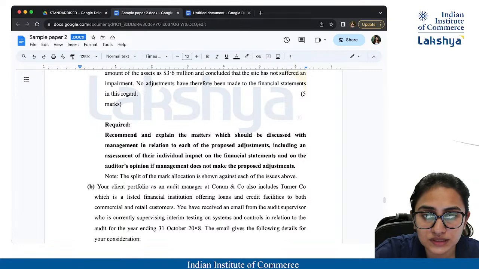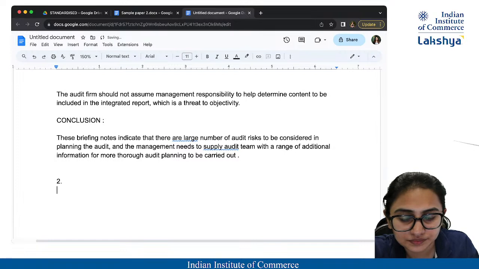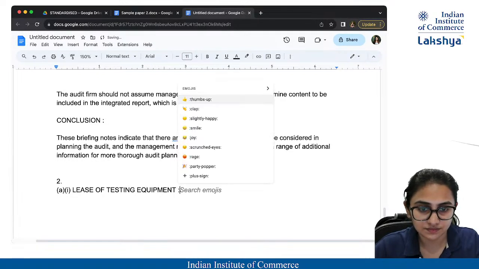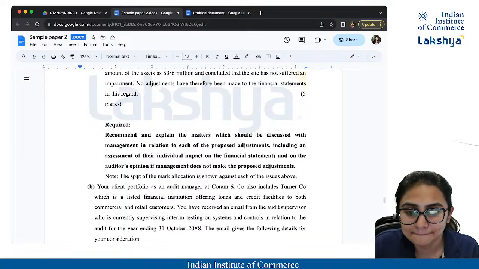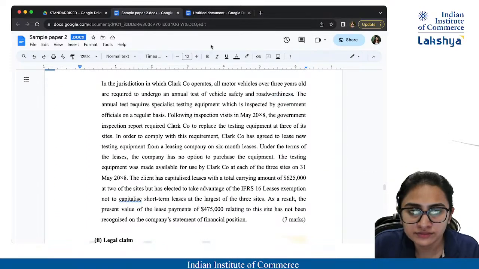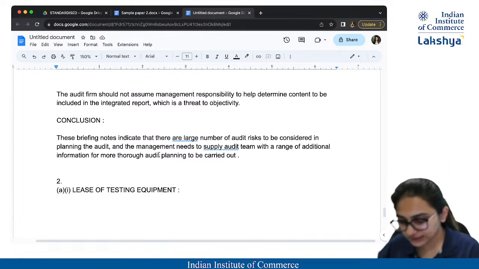So the first one is this question 2. So what can be done here in lease of testing equipment?